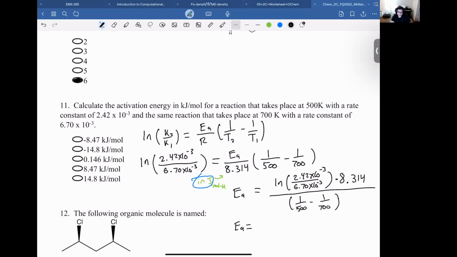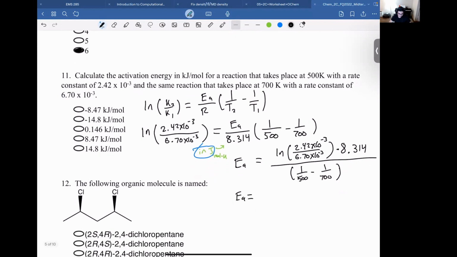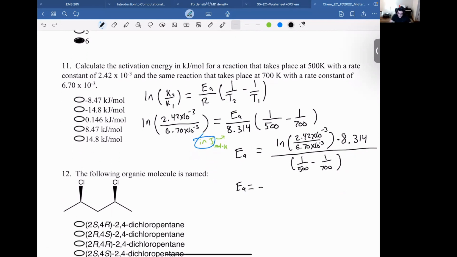So when we plug this in, we get negative 14,816. And this is in joules per mole, right? Because R has units of joules.